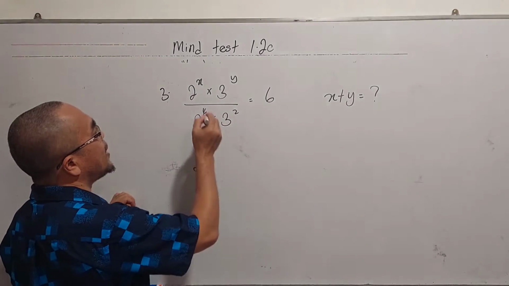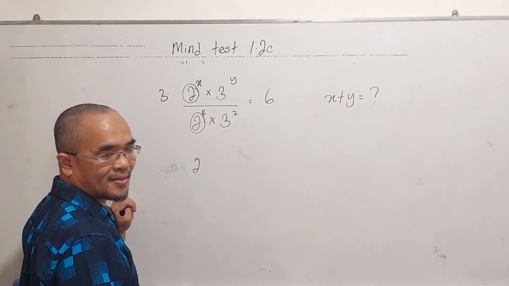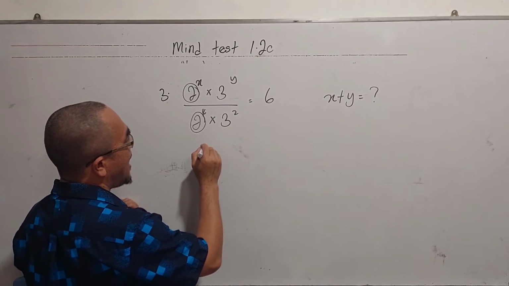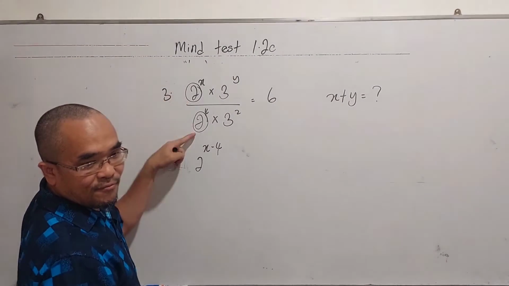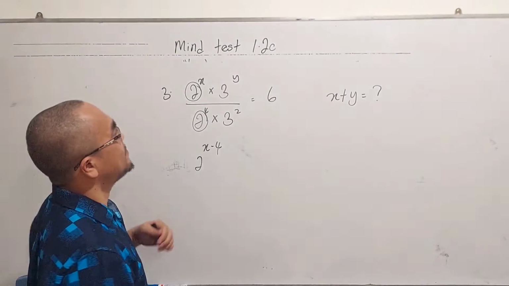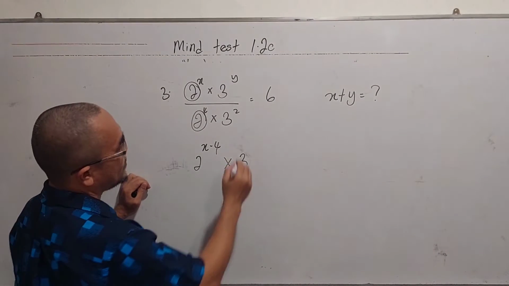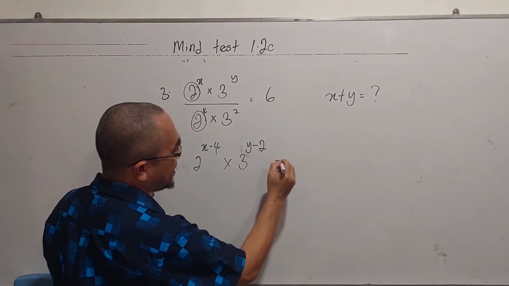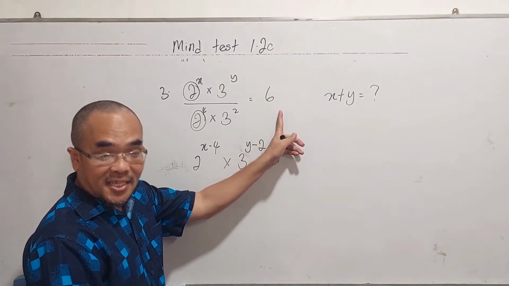No, you have to look at the base. 2 to the power of x minus 4, divide, and the base of 3, y minus 2. Aha. So here, since the base is 2 and 3, we have 6 here.